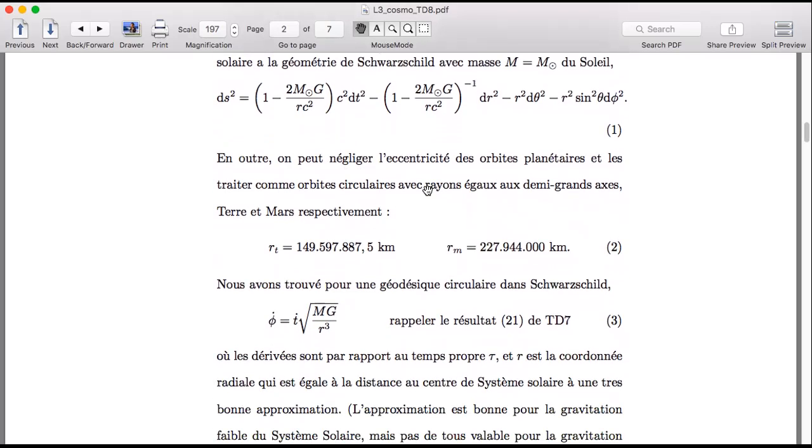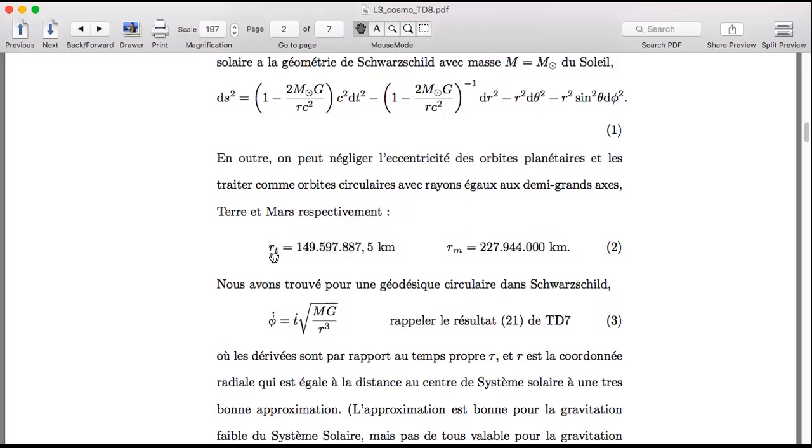And the key point is really the distance from the Earth to the sun, and Mars to the sun. So let's just take their semi-major axes as the distance of their orbit from the sun.